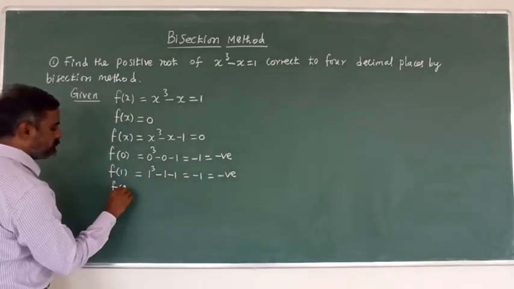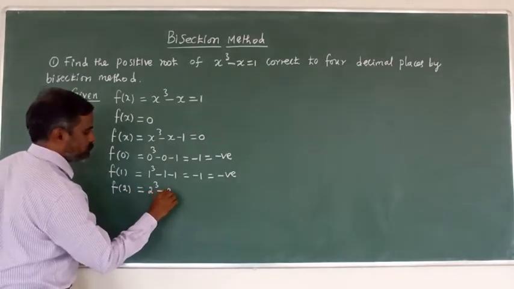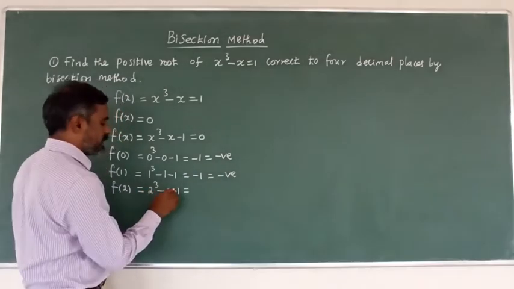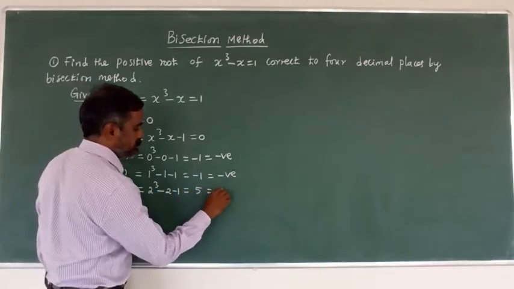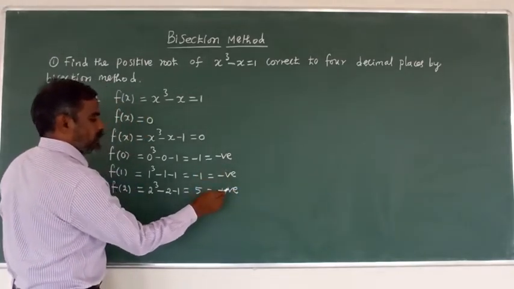Next, f of 2: 2 cube minus 2 minus 1, that is 8 minus 3, 5. Now the result is positive.